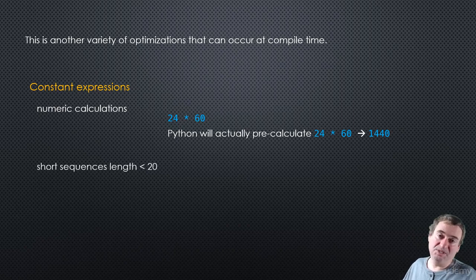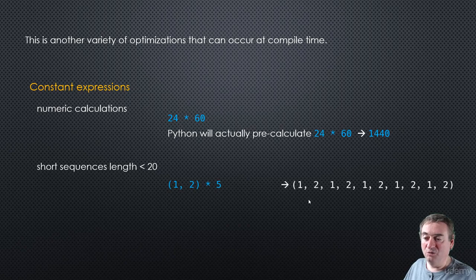Also short sequences. Short sequences, length less than 20, so sequence types, things like lists, tuples, and strings, will also get pre-calculated. So for example, this tuple, 1, 2 times 5, which evaluates to this long tuple here, is less than 20 in length, and so that is also going to get pre-calculated and stored. Same thing with ABC times 3, that evaluates to ABC, ABC, ABC.